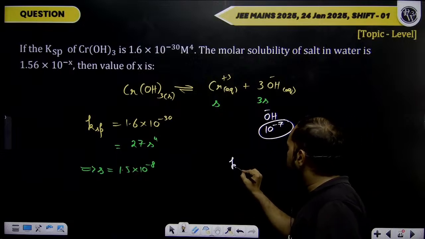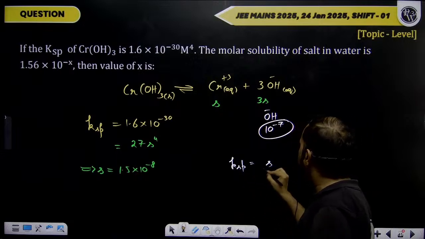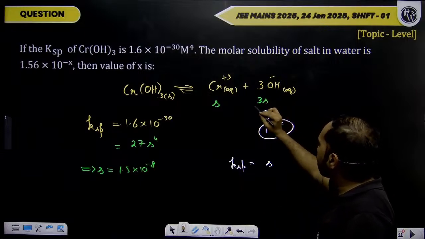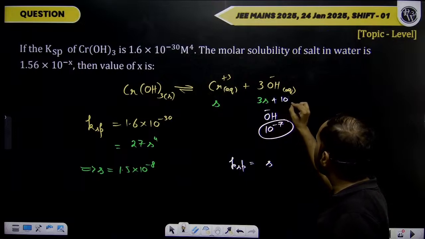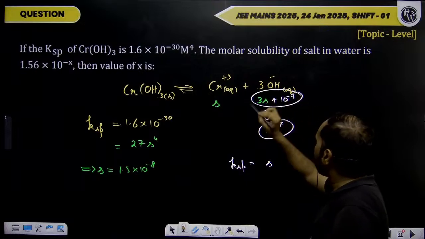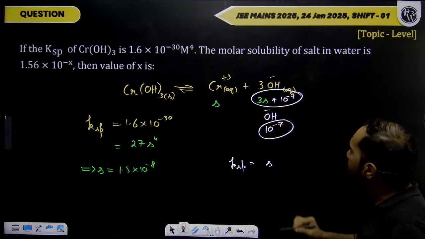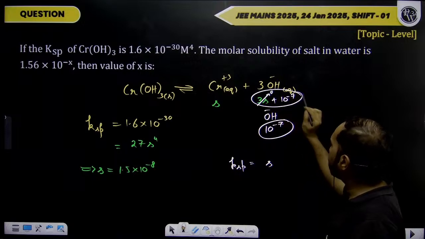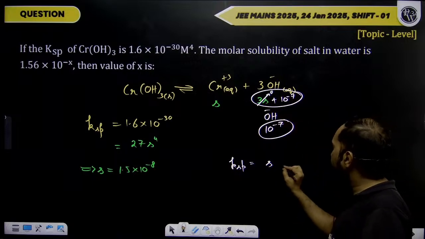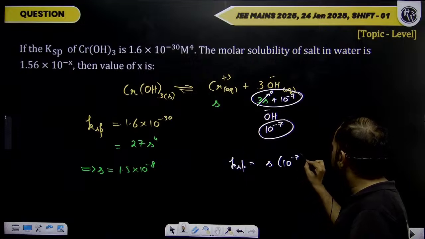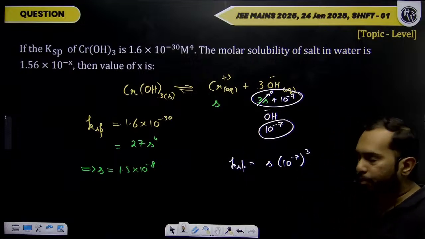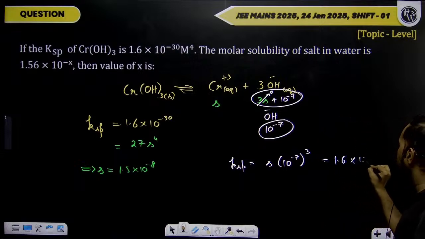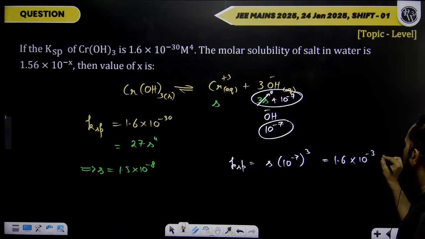Okay, so now write the equation. KSP is equal to S into (3S plus 10 to the power minus 7). This kind of expression you will write, right? S is small, so you can neglect 3S. Simply write 10 to the power minus 7. So KSP is equal to S into (10 to the power minus 7) whole cube, and KSP is 1.6 into 10 to the power minus 30.